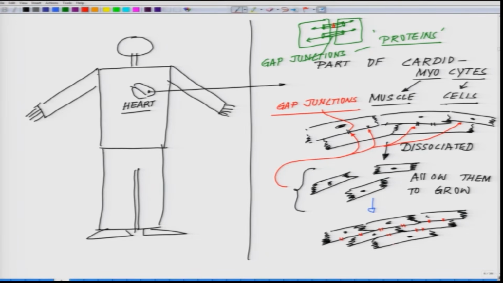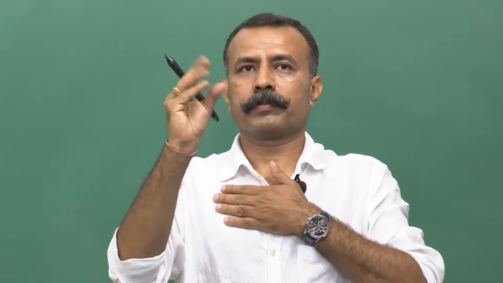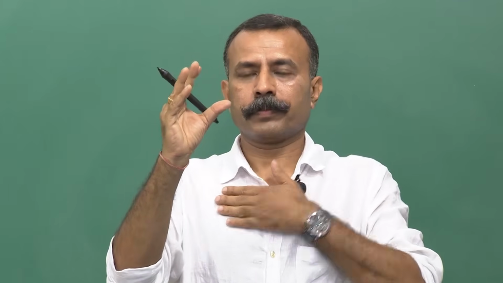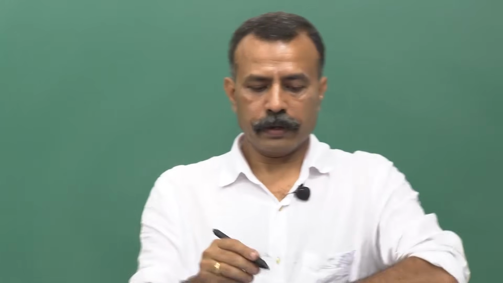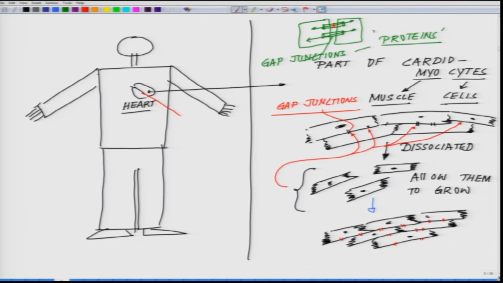Now, next thing, when you talk about cardiac, you touch your heart, it is beating. Okay? This beating means these cells in your body are essentially performing two functions. They have an electrical function and a mechanical function.